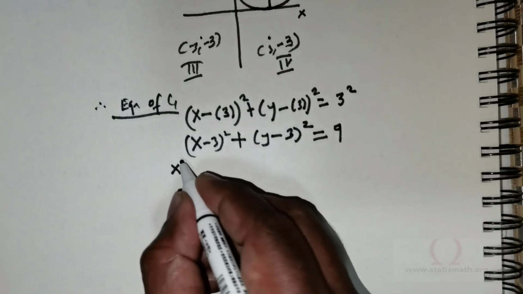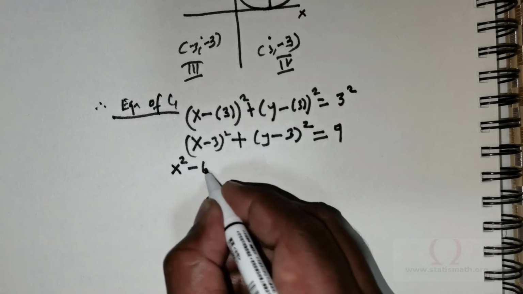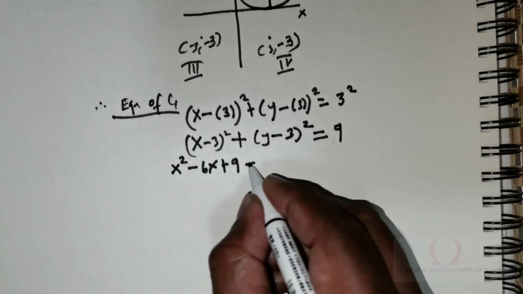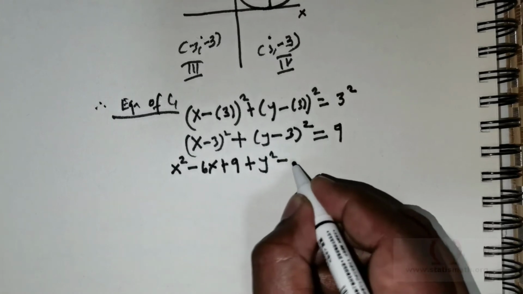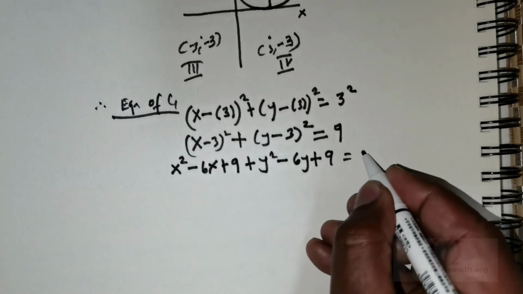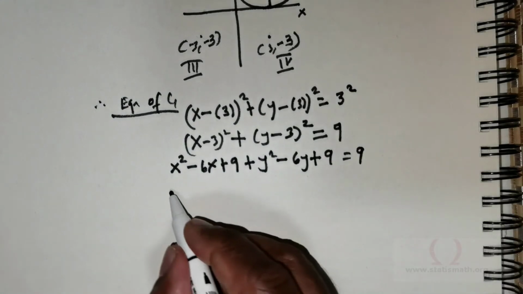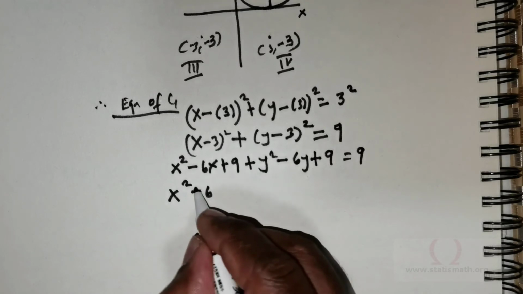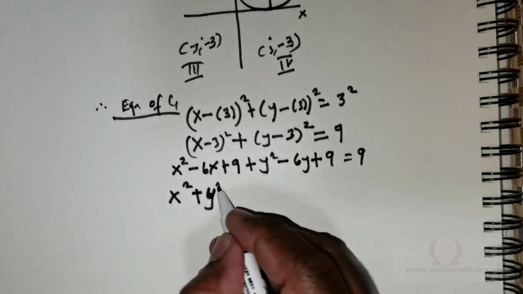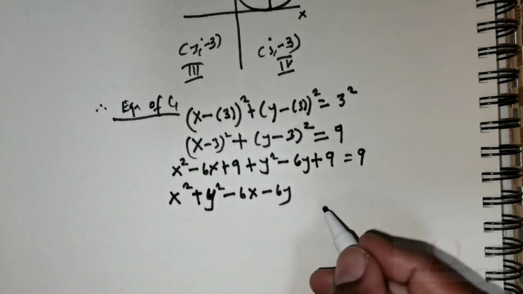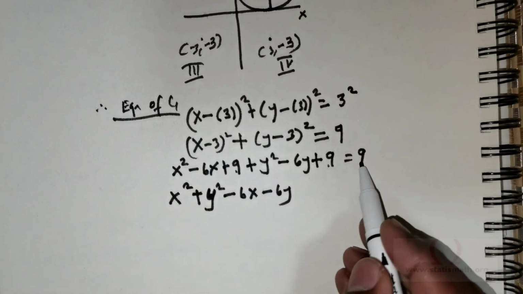That in turn is simplified as x² - 6x + 9 + y² - 6y + 9 = 9. So rewriting, it's going to be x² + y² - 6x - 6y, and now 9, 9 and a negative 9.